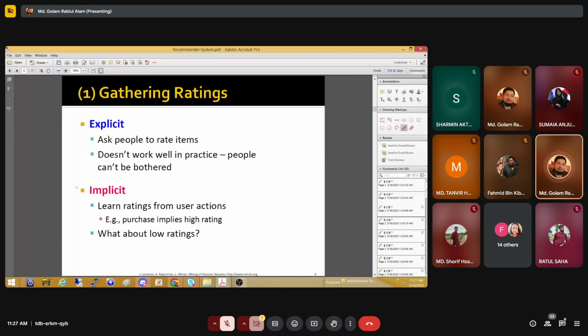Gathering ratings can be explicit or implicit. Explicit means you can ask the people to rate the items. But sometimes it doesn't fit well for many applications, because many people will not actually rate.